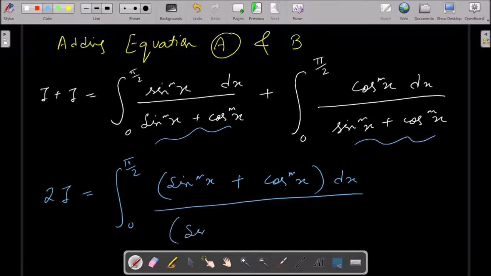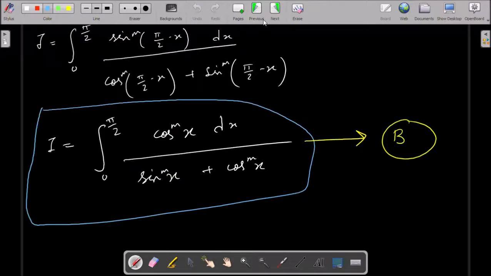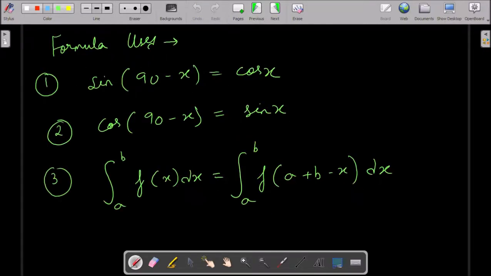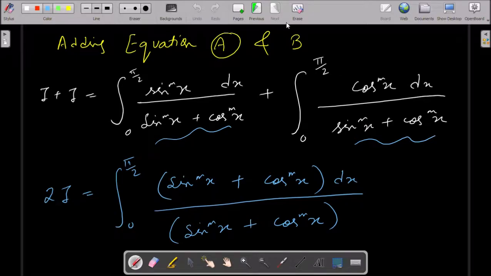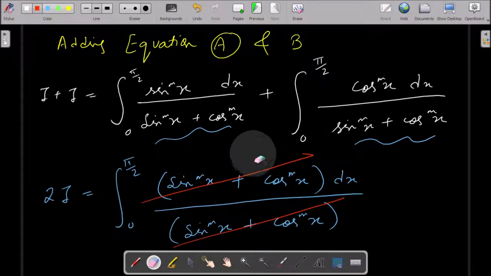That's why this integration will be easy. Otherwise it would be difficult if this third formula had not been used. So now see, this numerator and denominator are all the same, so they cancel.